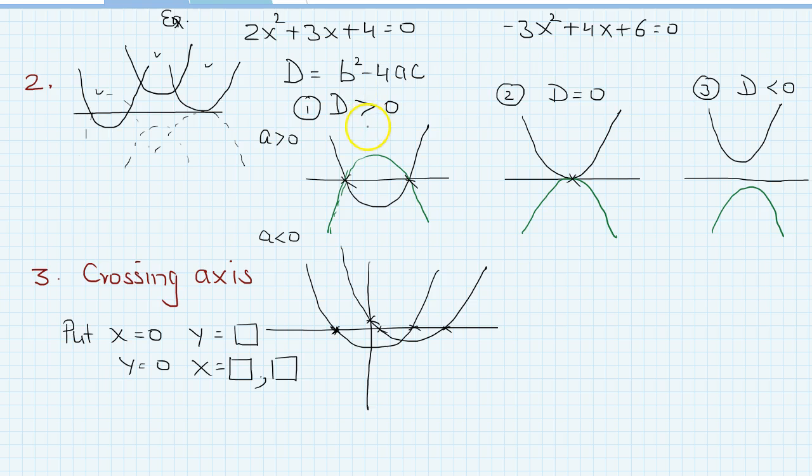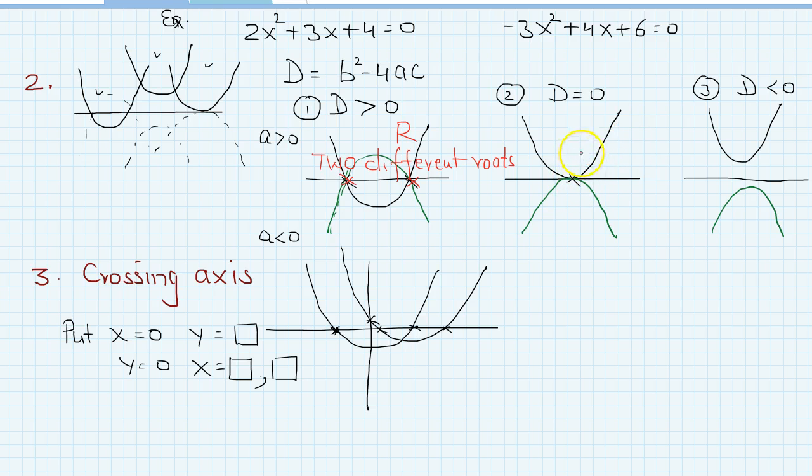So you can see that if the graph is like this, it is having two different roots. One is this and one is this, and these roots are real.